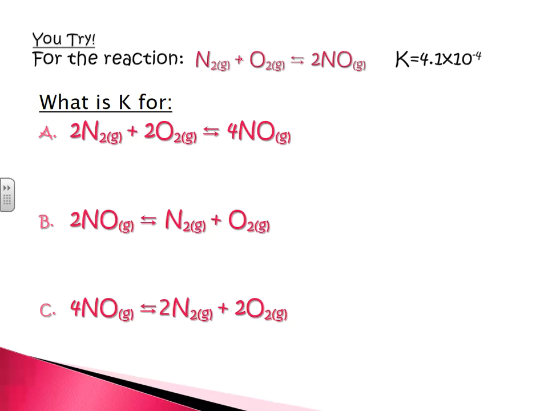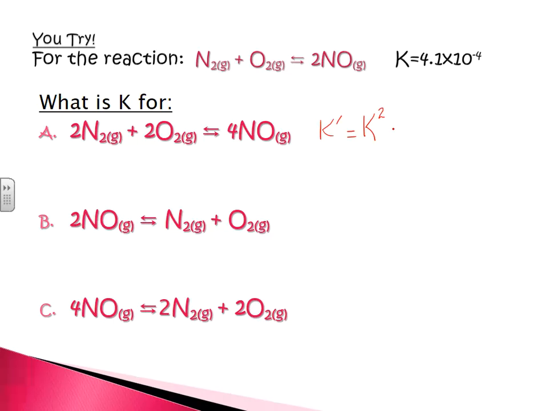For the reaction N2 plus O2 is in equilibrium with NO, if we're told that the K for this is 4.1 times 10 to the -4, and want to apply the things we just talked about, let's compare the new reaction. If we compare this reaction to the original, all they've done is multiplied the original by 2. So that means K prime, or the new K, is equal to the original K squared.